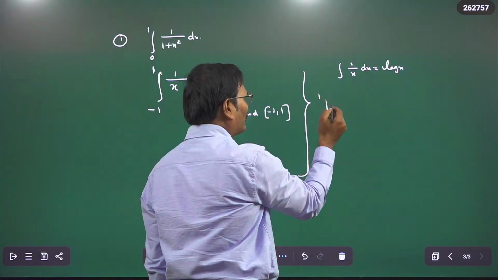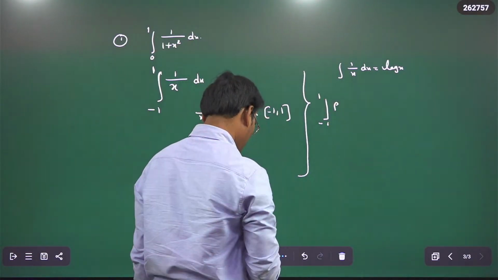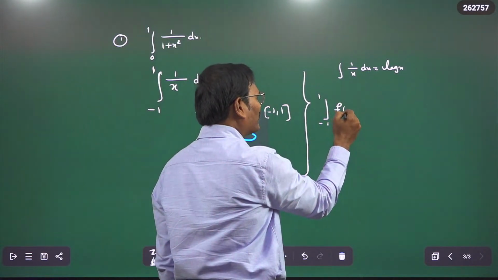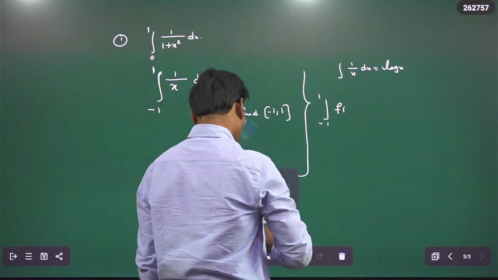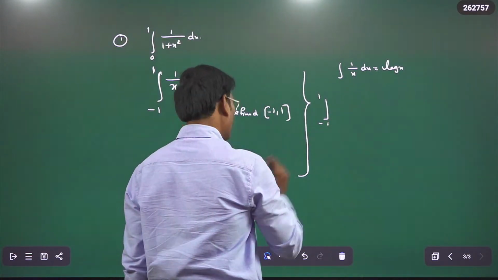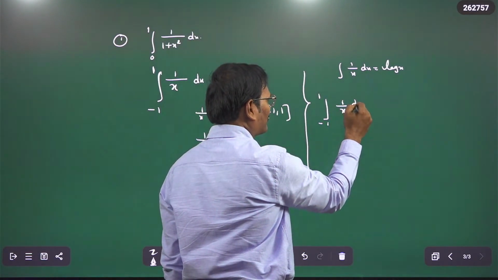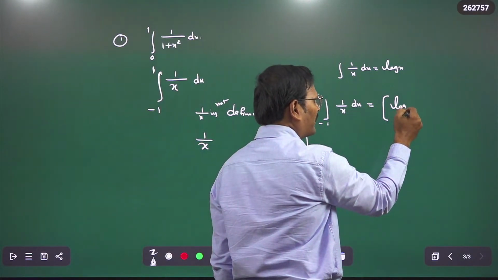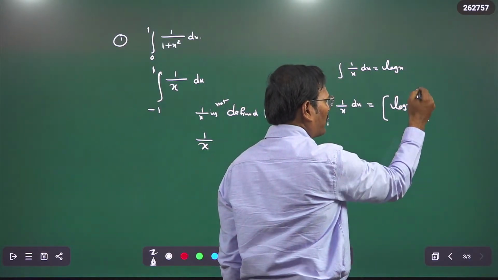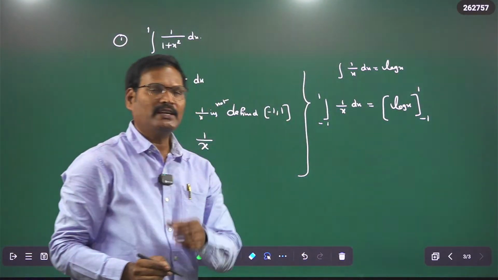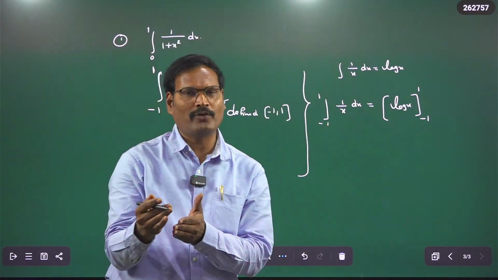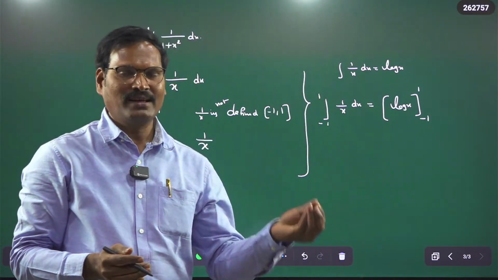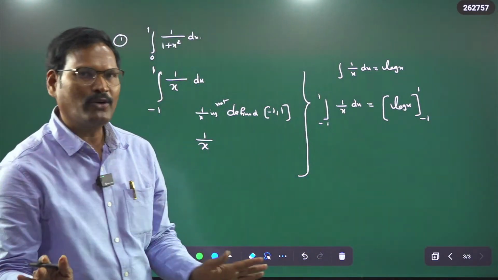Integral minus 1 to plus 1 of 1 by x dx. So the integration of 1 by x is log x. Now the upper limit and lower limit. As per the definition, F of b minus F of a. So first we have to substitute the upper limit in the answer and next the lower limit, and then we have to subtract.